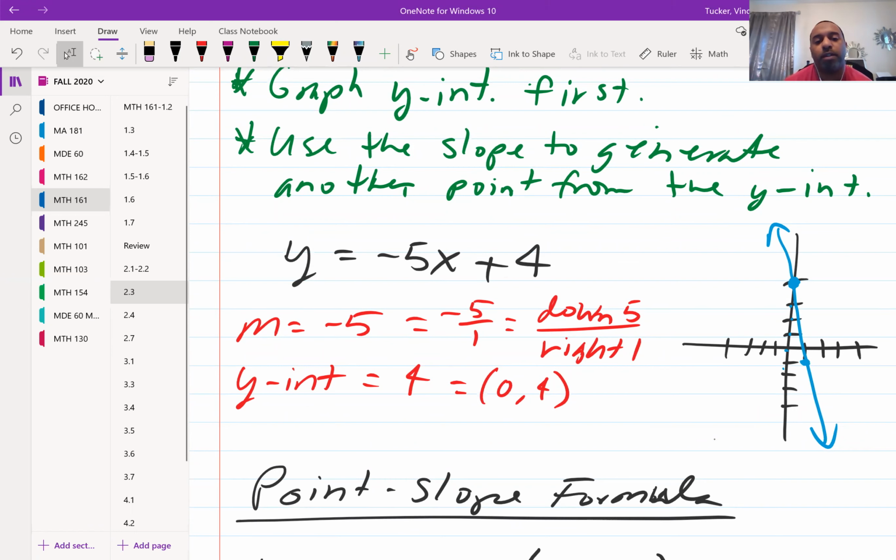So our slope is -5, and our y-intercept is 0, 4. So if our slope is -5, that means we would go down 5 and then right 1, excuse me. That's -5 over 1 as a fraction.